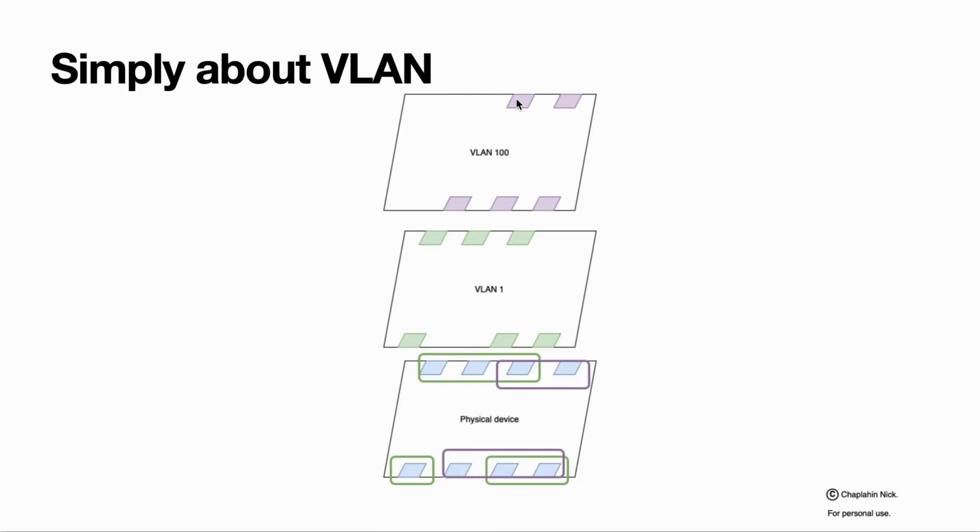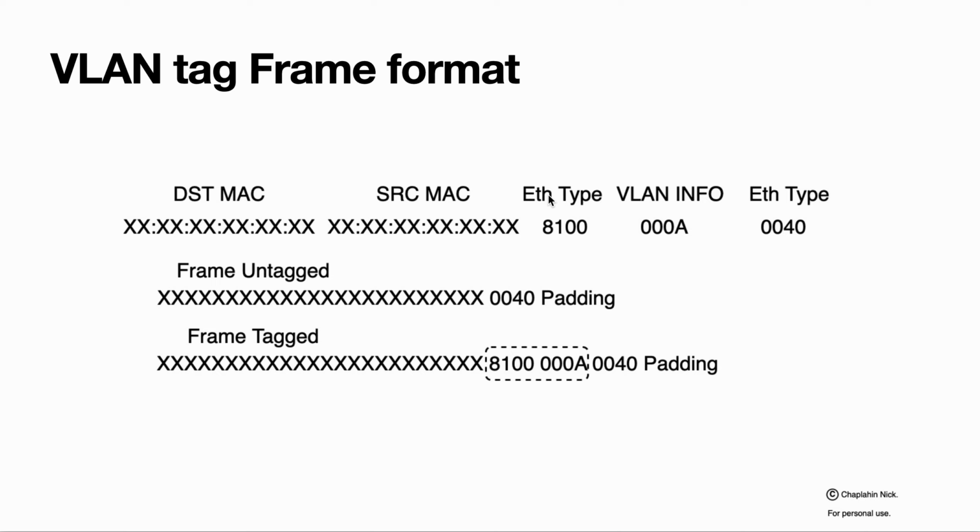VLAN tag frame format is Ethernet type plus VLAN info. Ethernet type for VLAN is 8100. VLAN info in this example contains VLAN ID 10, that is A in hexadecimal.